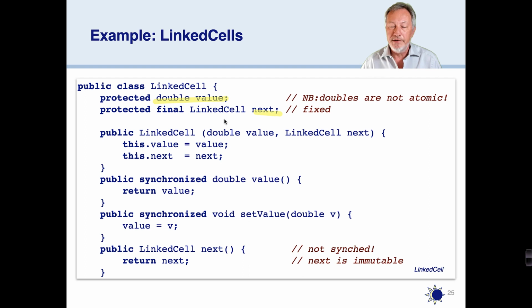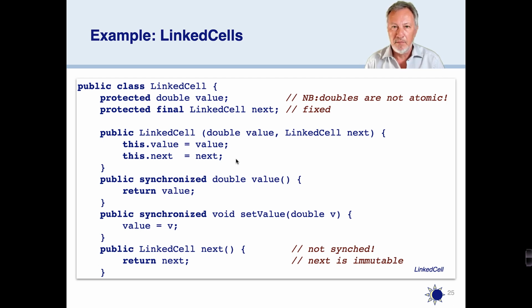There's also a pointer to the next cell, but this is final. So once I've created my linked set of cells, the structure is not going to be modified. So I have one mutable variable and one immutable one. Here's the constructor. The constructor simply sets the value and the next pointer.